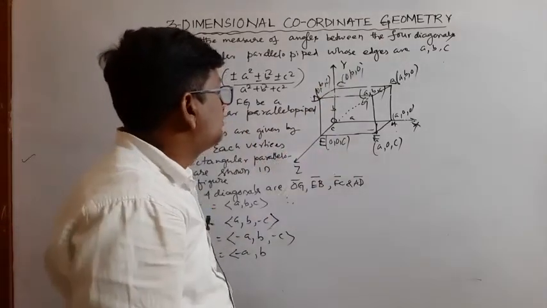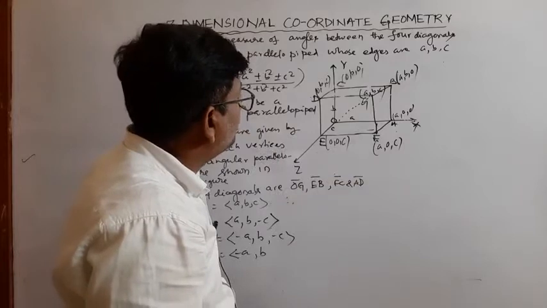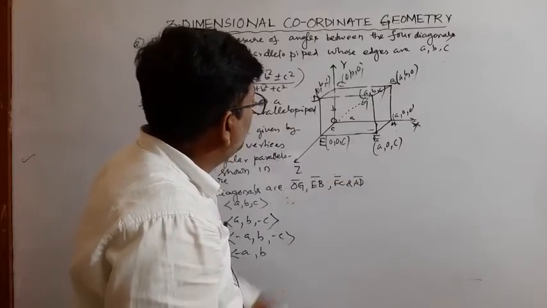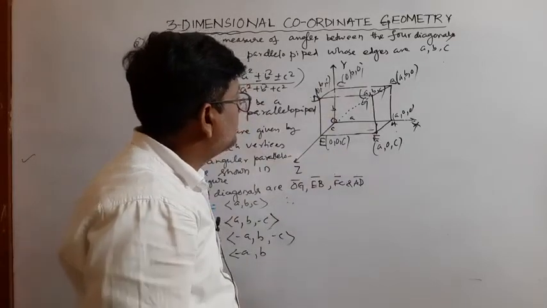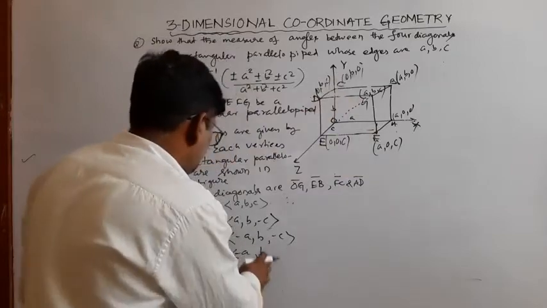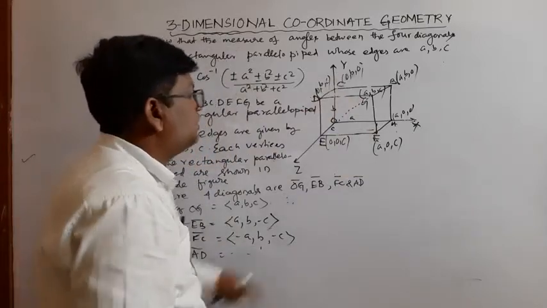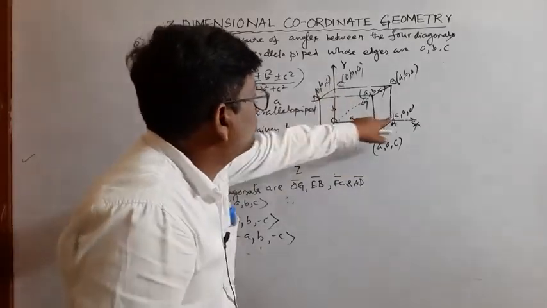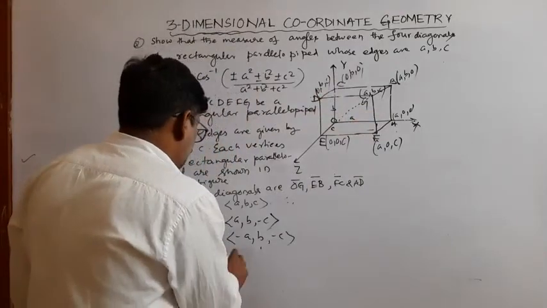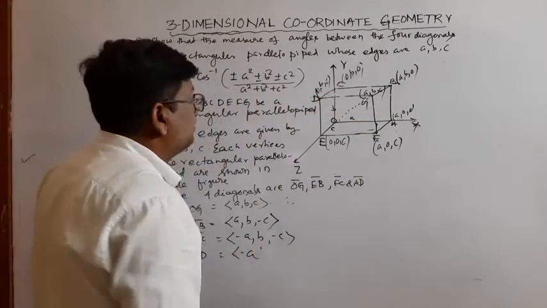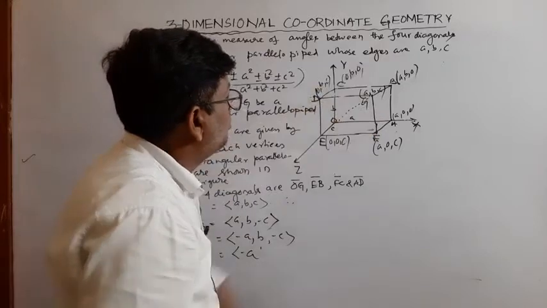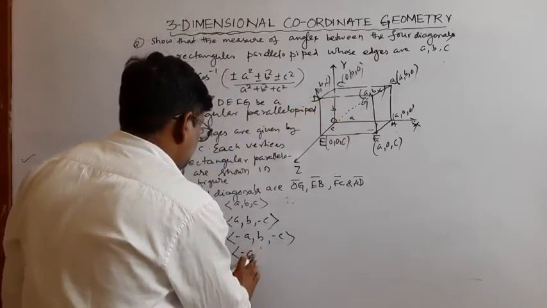This is AD, not FC. So DRs of AD is 0 minus a, that is minus a, and b minus 0, b, c minus 0, c.